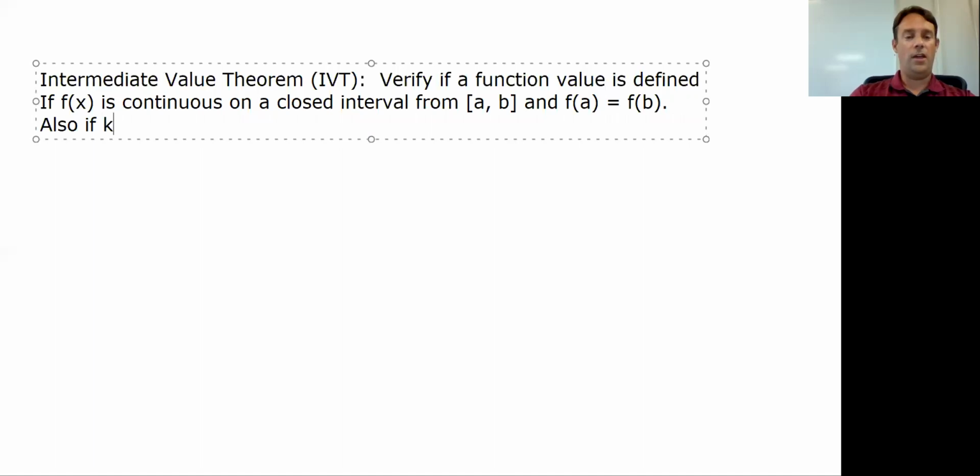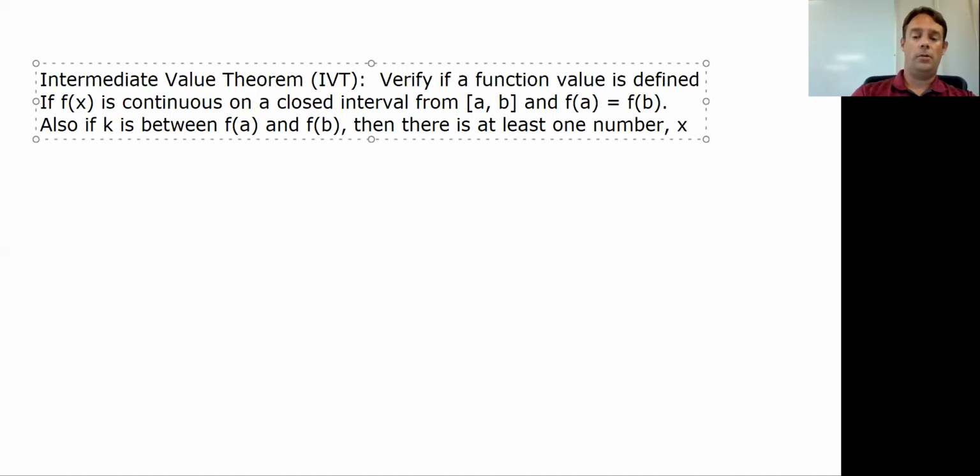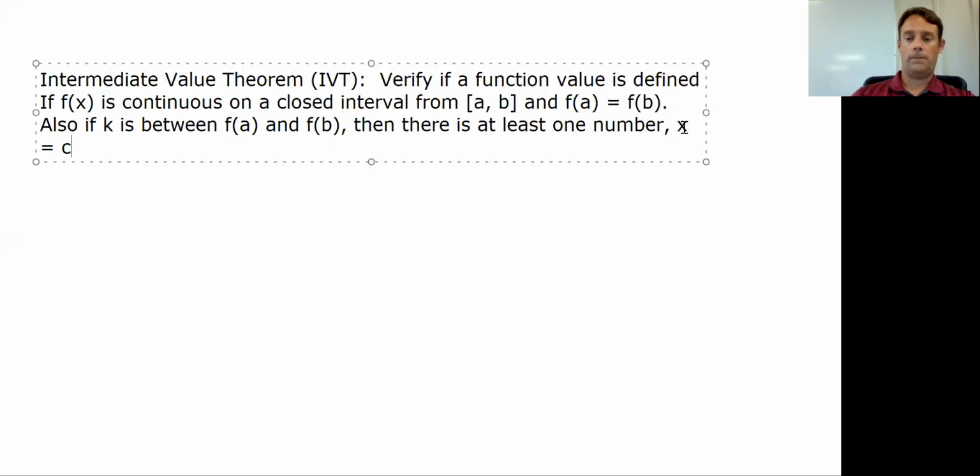Also, if k is between f of a and f of b, then there is at least one number x equals c between a and b, such that f of c equals k.